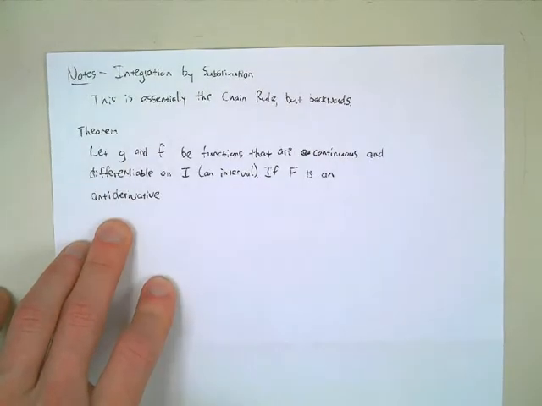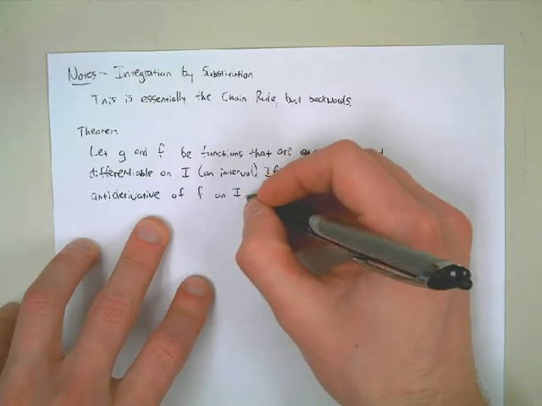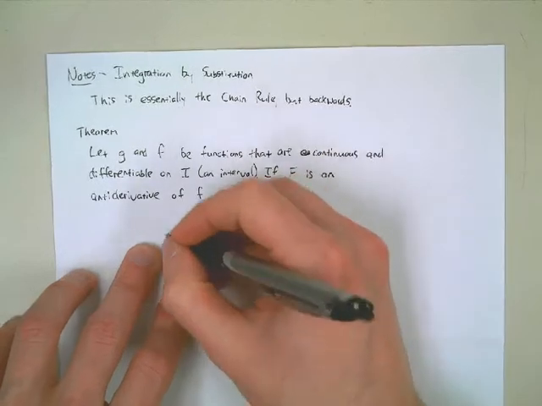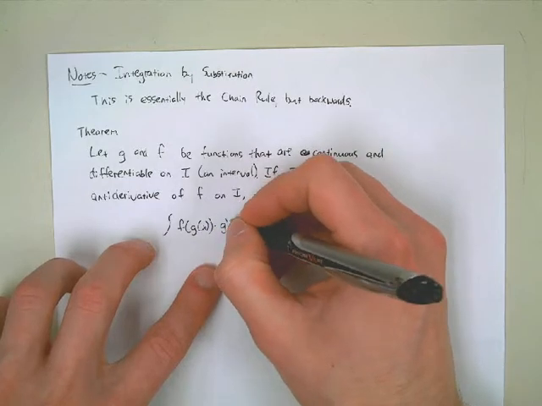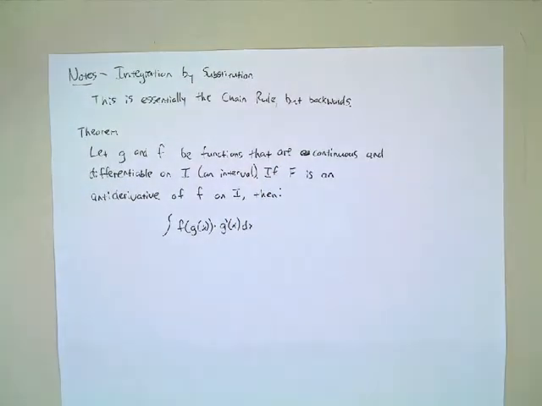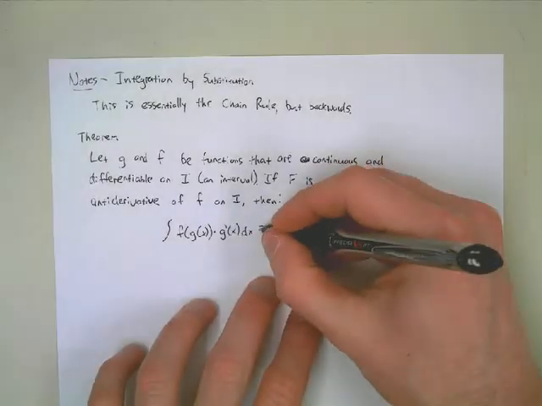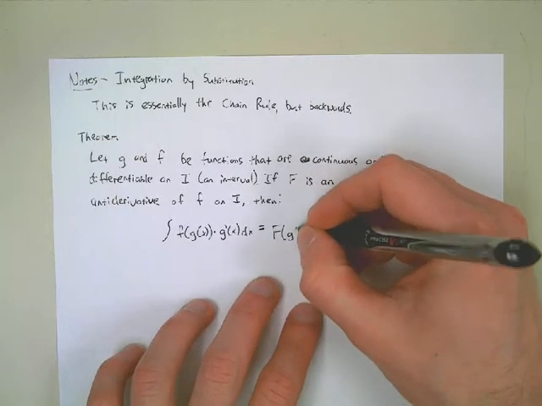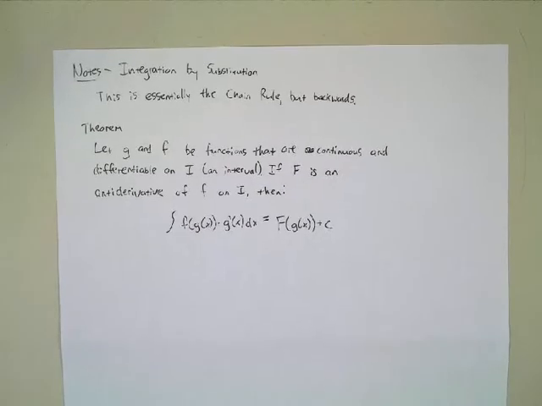So if capital F is an antiderivative of little f on the interval I, then the integral of f of g of x times g prime of x dx equals capital F of g of x plus c. Makes sense.